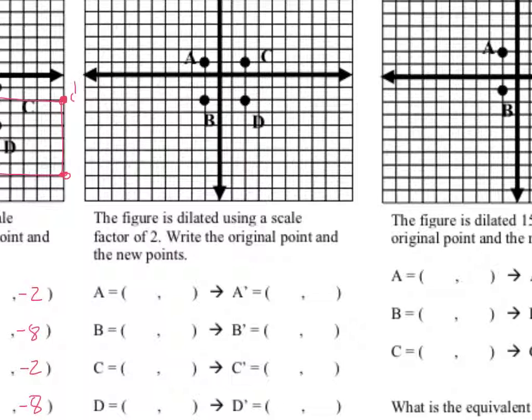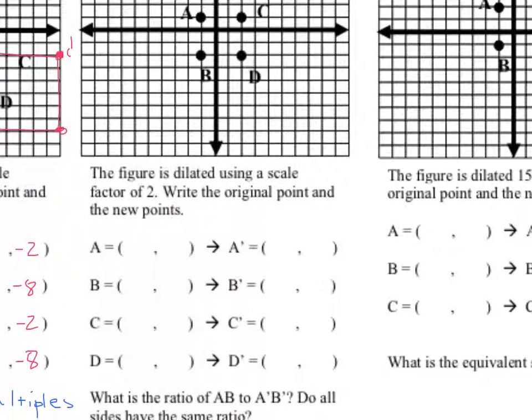All right, so I'm just going to do this while you're doing it. I'm writing my original points. It tells me the scale factor is 2, so that means my multiplication is times 2 on all of these.